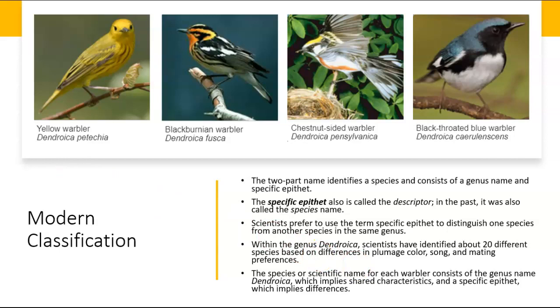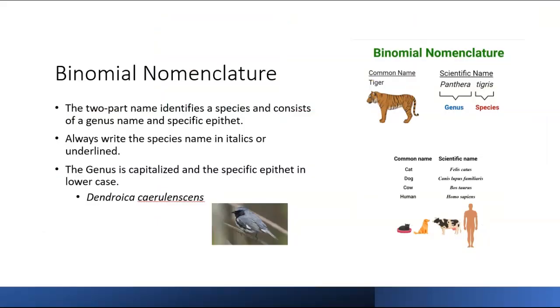Let's look a little more closely at binomial nomenclature. Remember, the prefix bi means 2, so binomial means 2 names, and nomenclature means naming system. It's a 2-part name that identifies a species: the first name is the genus, the second is the specific epithet.